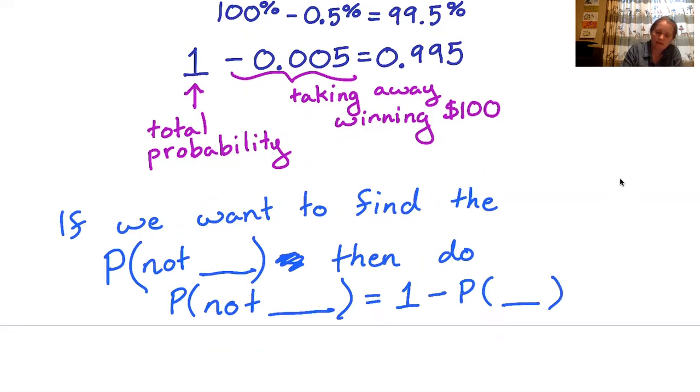So again, all of these are the same thing. So to find the probability of not whatever, in this case it was not winning $100, we just do 1 minus the probability of whatever that thing was. So minus the probability of winning $100.